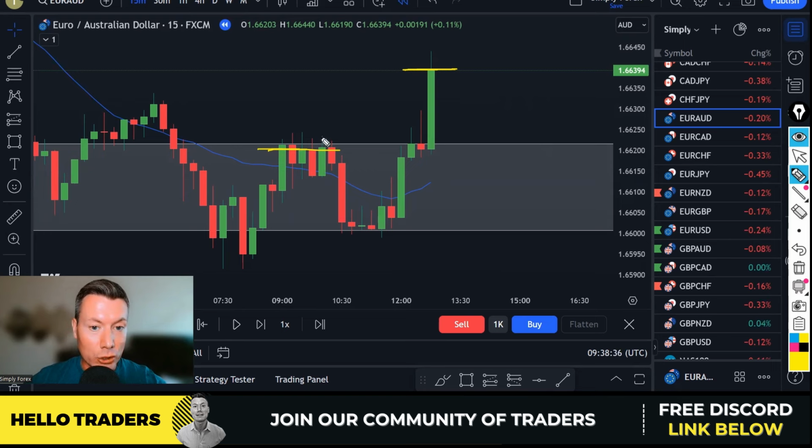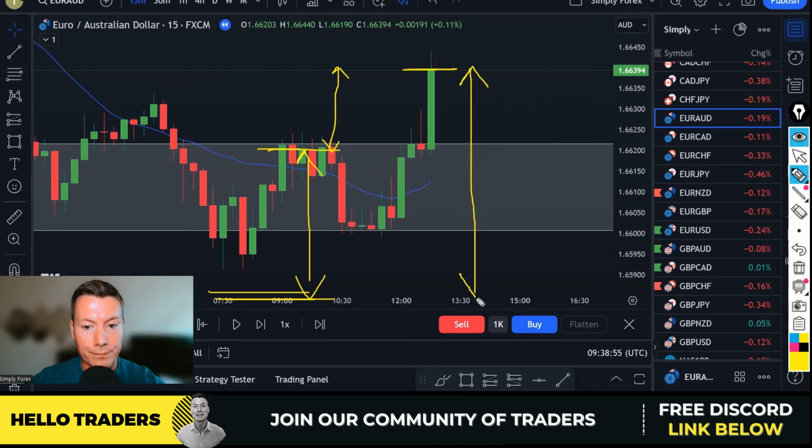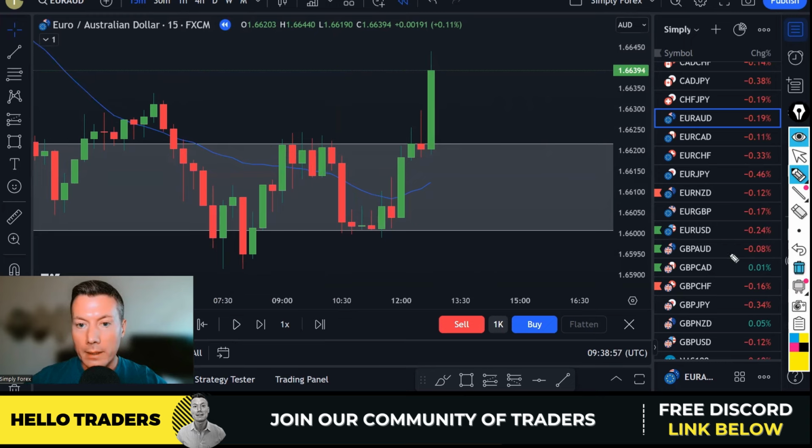This trade is already nicely in profit. And for both of them, my stop is still down here. So this one, I'm only risking this, and with the H1 break, I'm risking this.